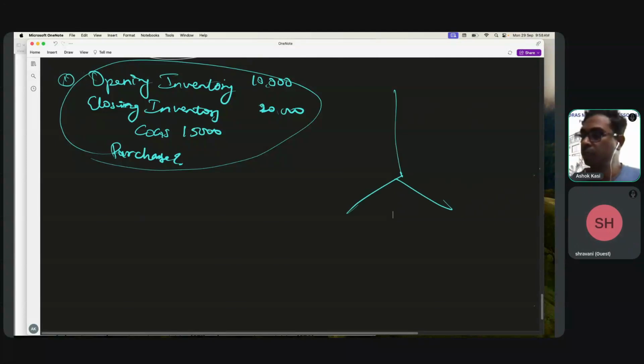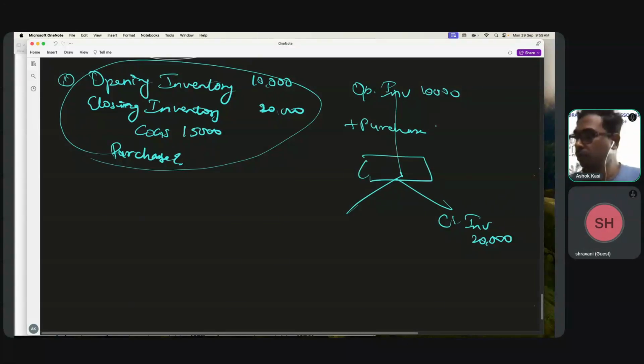Okay, opening inventory, you will keep it at the top. Opening inventory 10,000. Closing inventory 20,000. Cost of goods sold. See, opening inventory plus purchase will give you some number. And the remaining only will go into cost of goods sold.